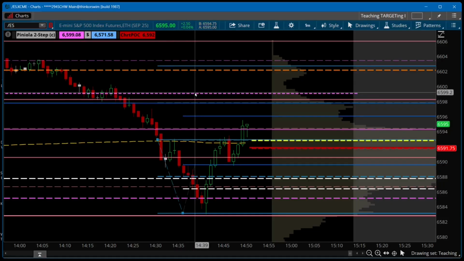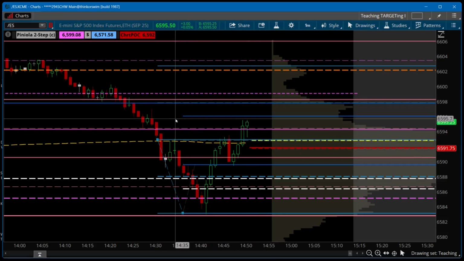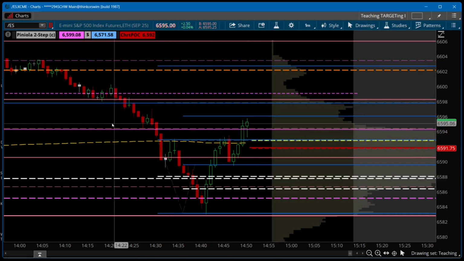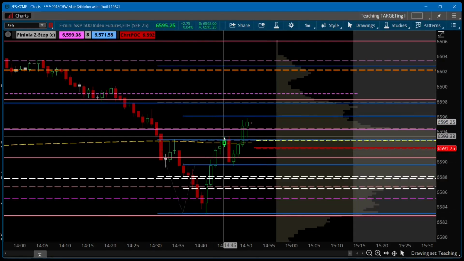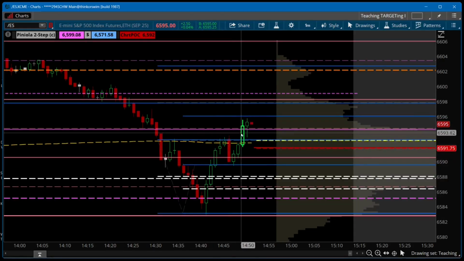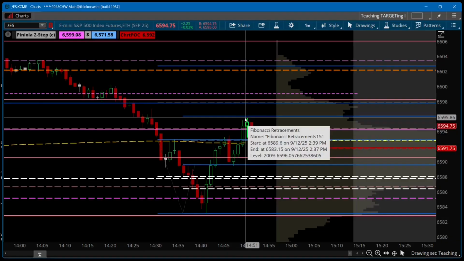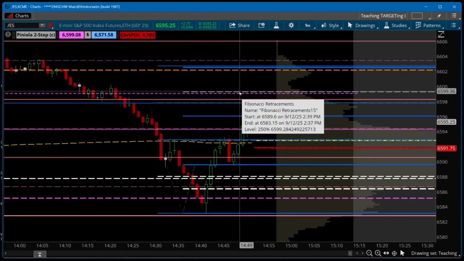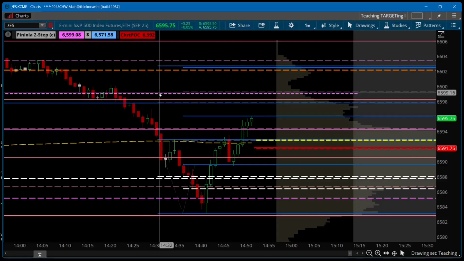97. So this could prove to be a magnet area in the short term. This move, 1.5 to the 1 to the 2, and the 2.5 is right there. 6,600 level and yesterday's high.